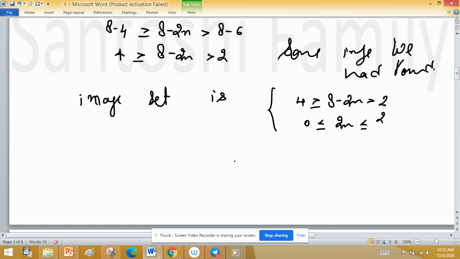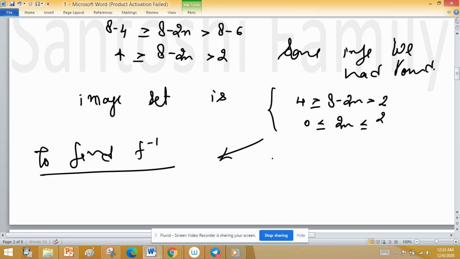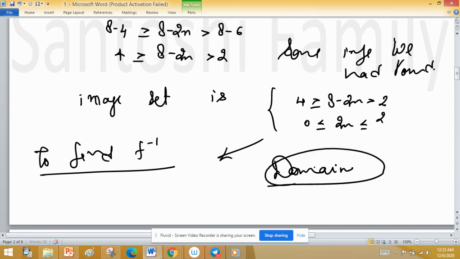It means to find f inverse, or the inverse function of f, this image set will become my domain, and we want to find an expression in terms of this domain element, meaning the new domain elements.